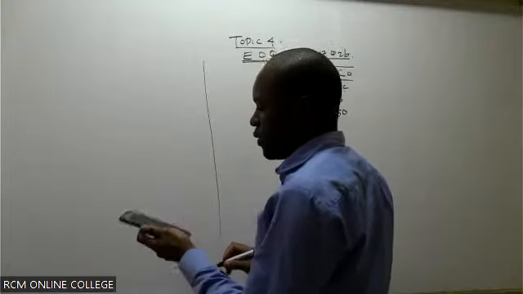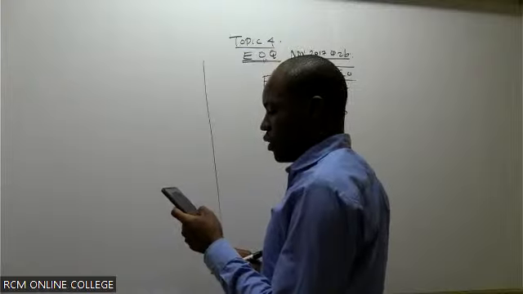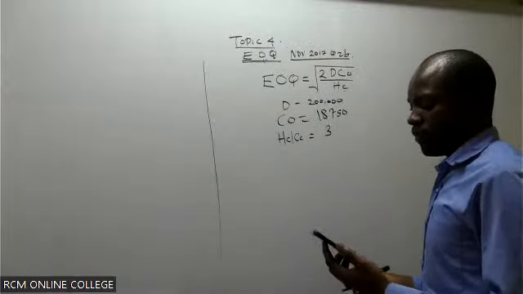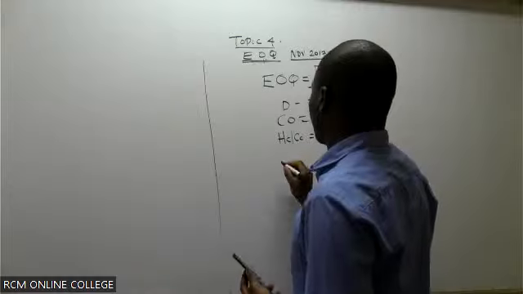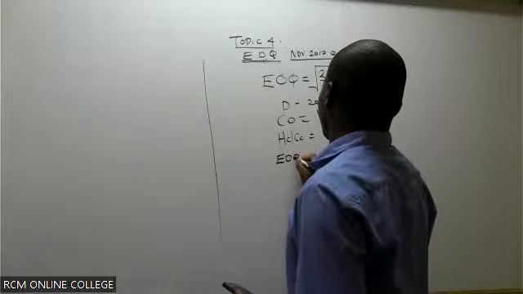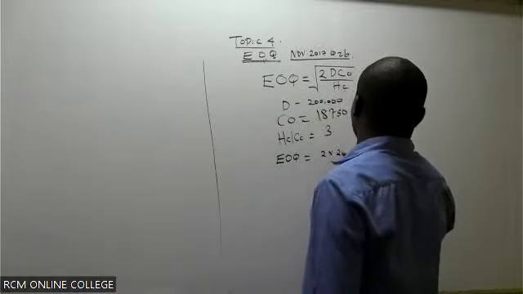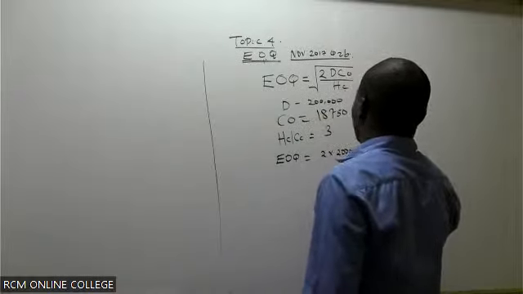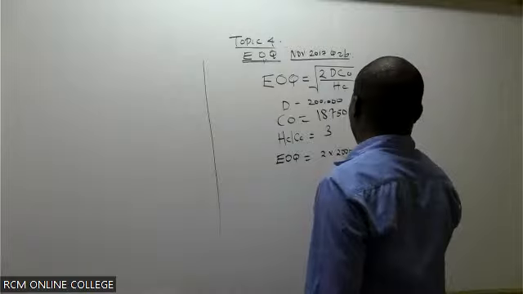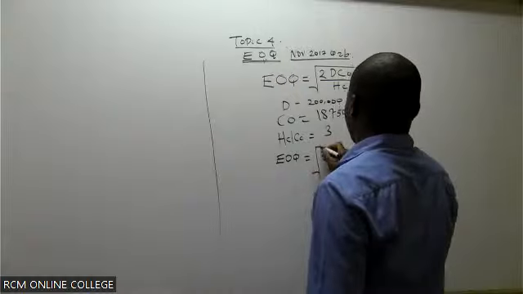So what do they want us to do? Calculate the economic order quantity for material X. Can I give just 2 minutes to calculate that? Economic order quantity is equivalent to 2 multiplied by demand multiplied by ordering cost, the whole of that divided by holding cost, then you take the square root of your result.